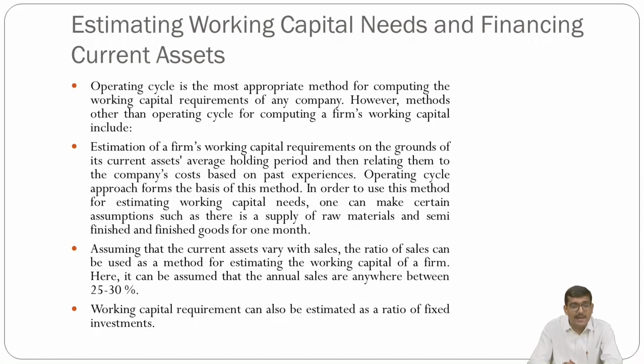Here it can be assumed that it is anywhere between 25 to 30% of annual sales. Third, working capital requirement can also be estimated as a ratio of fixed investment. So these three are the different estimations for working capital needs and financing the current assets.